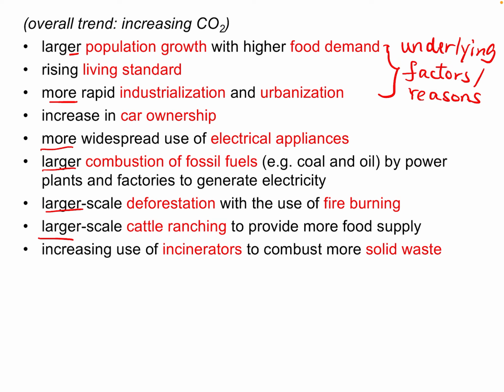So they need to burn more fossil fuel, cut more trees, deforestation, keep more animals for food supply. Last one, use more incinerators to burn the waste they created. All these six of them are called the direct causes. I mark at the bottom.